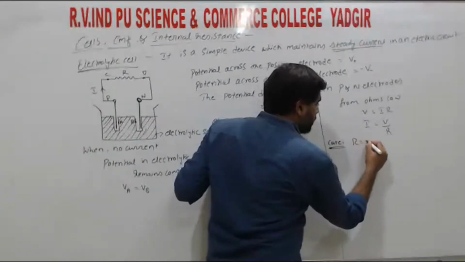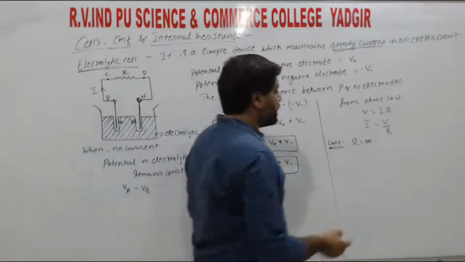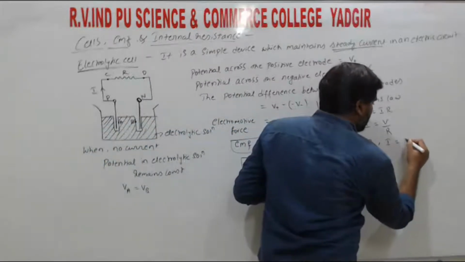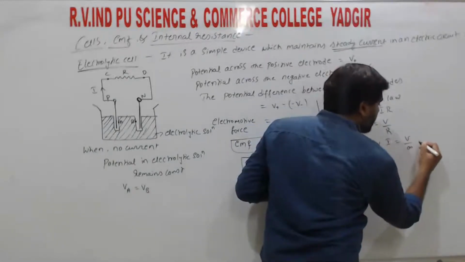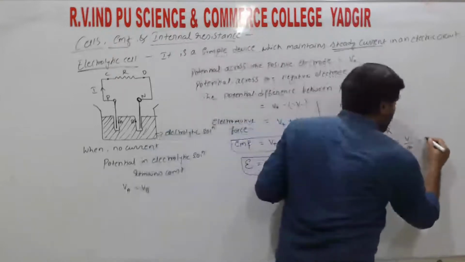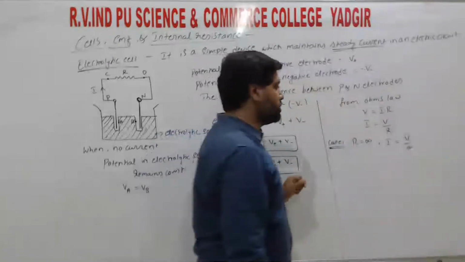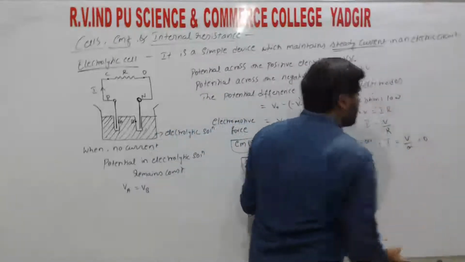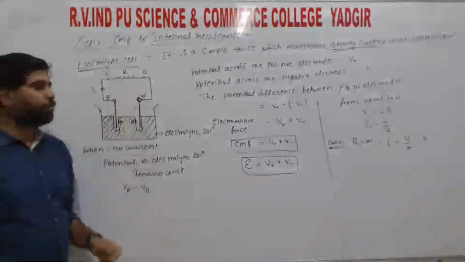In the first case, when resistance equals infinity, the current flowing in the external circuit is I equals V divided by infinity. Anything divided by infinity is 0, so the current flowing in the external circuit is 0.